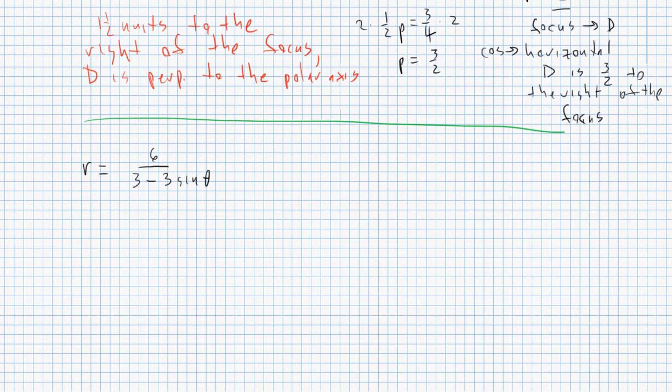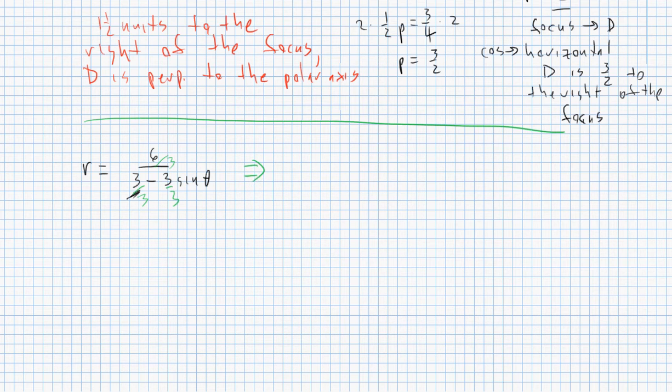Okay, that's a pretty good one. Again, you see that that's not in standard form. The constant in the denominator has to be equal to 1. So what we'll do is divide everything by 3 to put it in standard form.